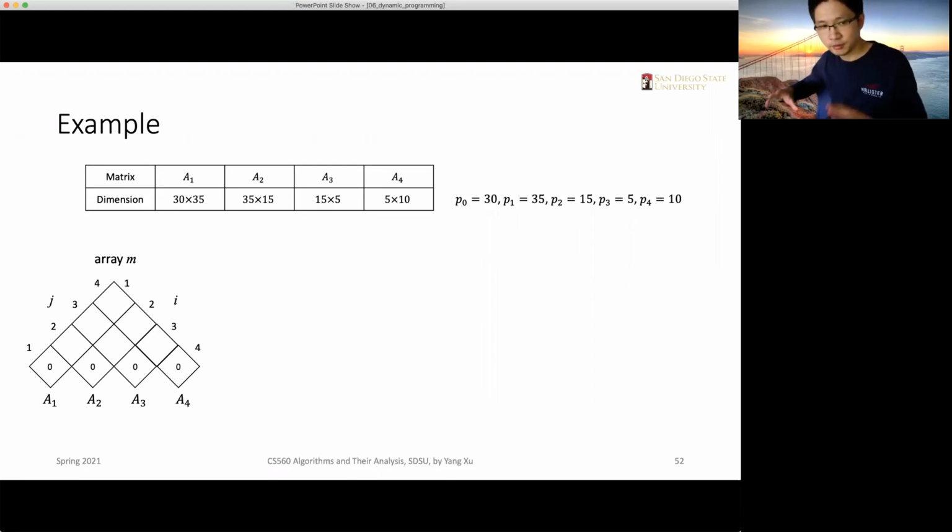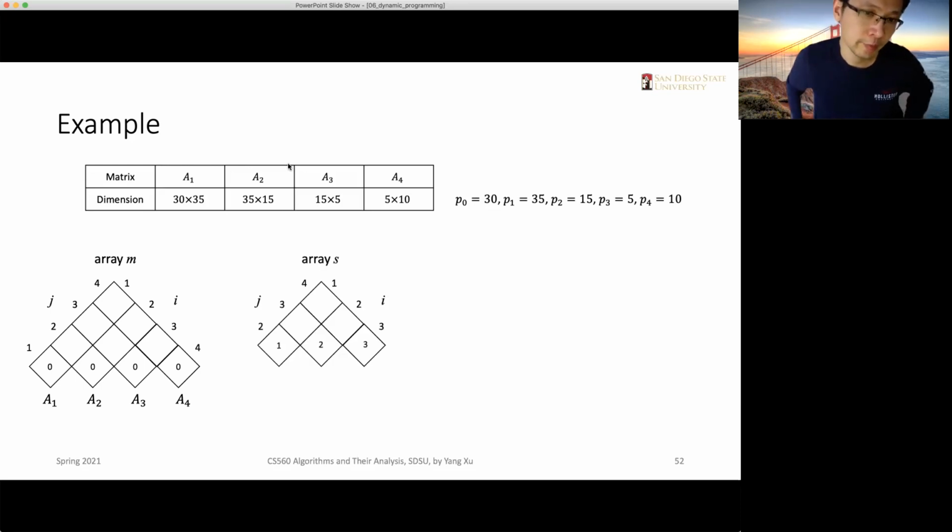It's like we write half of a table and then rotate it by 45 degrees. This is the table M, in which we store the optimal solutions. And there will be a table S, which is smaller than M.